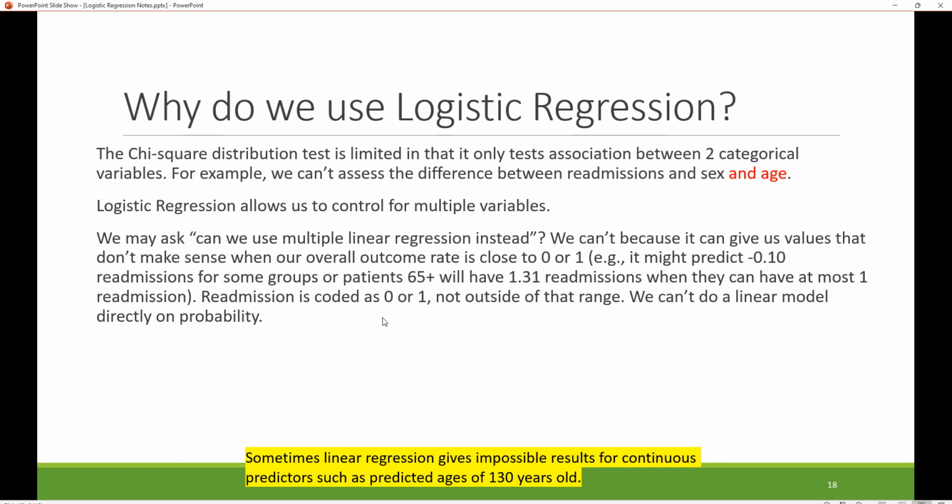So readmissions is coded as 0 or 1, and we don't go outside that range. We can't do a linear regression directly on probability because it could give us values that don't make sense.